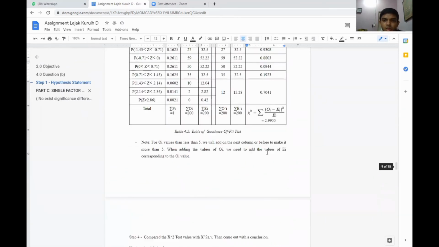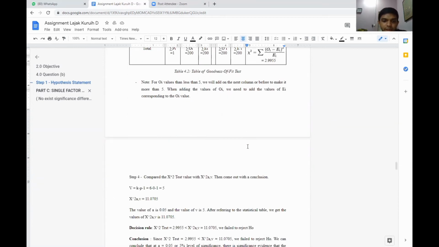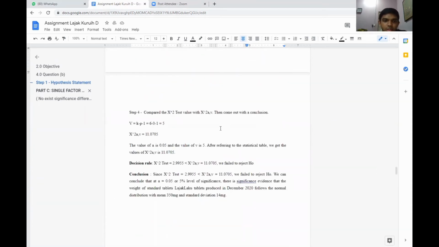So this is the goodness of fit test value that we already got, and then following step 4, this is the same as the rejection rule or decision rule. So we must compare the goodness of fit test value with the chi-square alpha and v. So this value we can get from the statistical table.